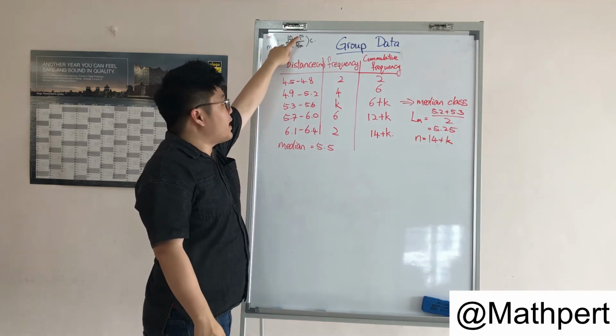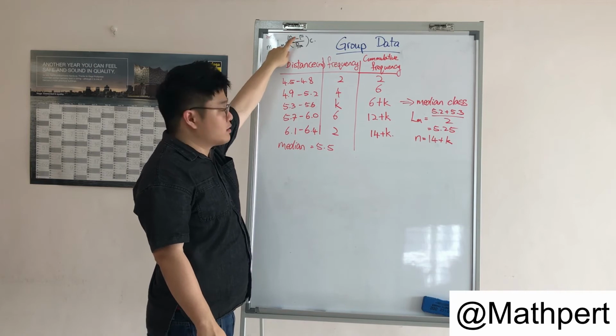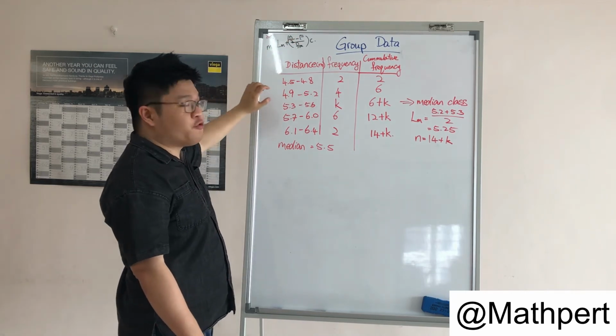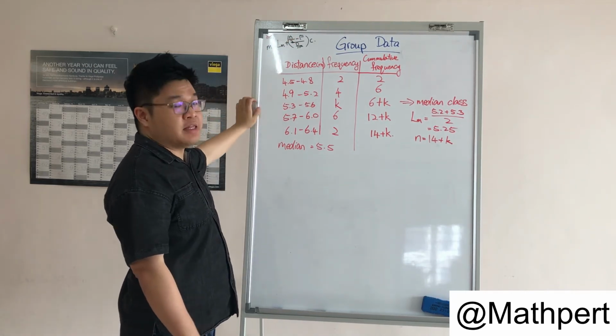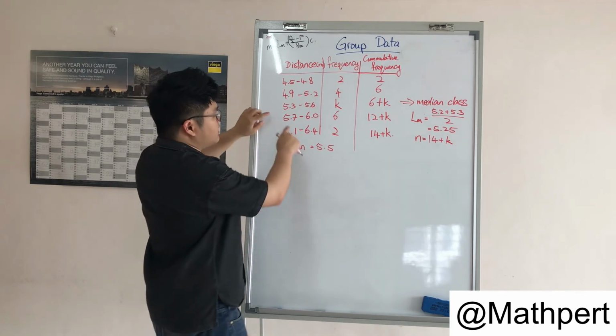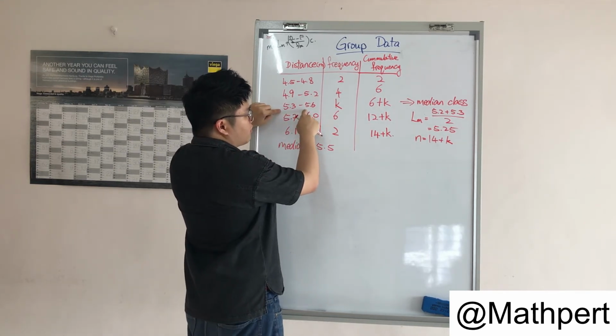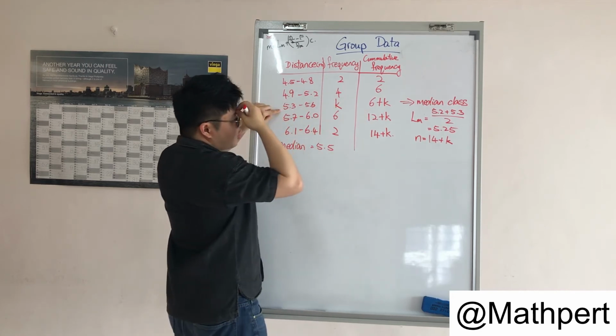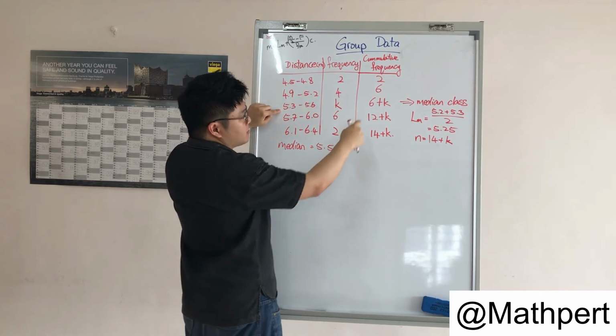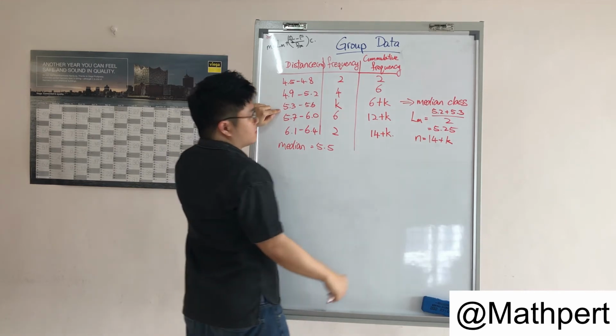F, the big F, meaning cumulative frequency before the median class. So median class is this one, 5.3 to 5.6. This is the median class. So cumulative frequency before median class is 6.